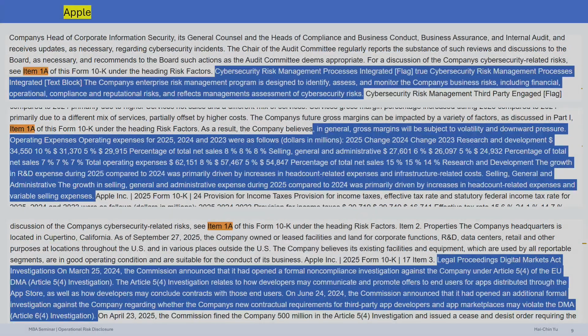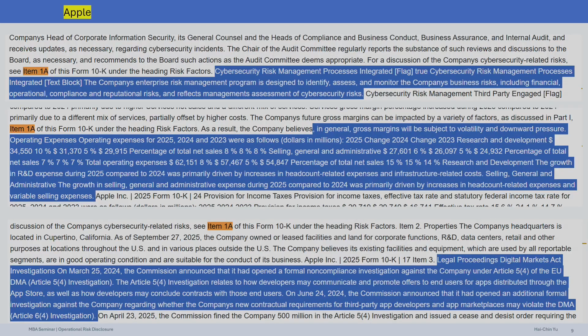So I tried to access the SEC data. This is just one paragraph of Apple in 2025. This is a 10-K report from the SEC. You guys can access it too. So I followed Item 1A, and it continues showing the risk factors.